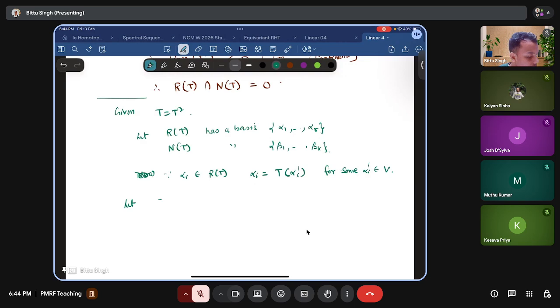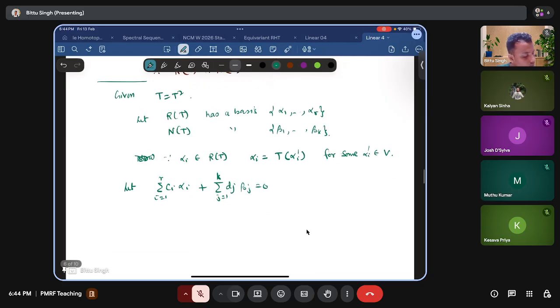So let's see: sum of ci alpha i, i equal to 1 to r, plus sum of dj beta j, j equal to 1 to k, equal to 0.